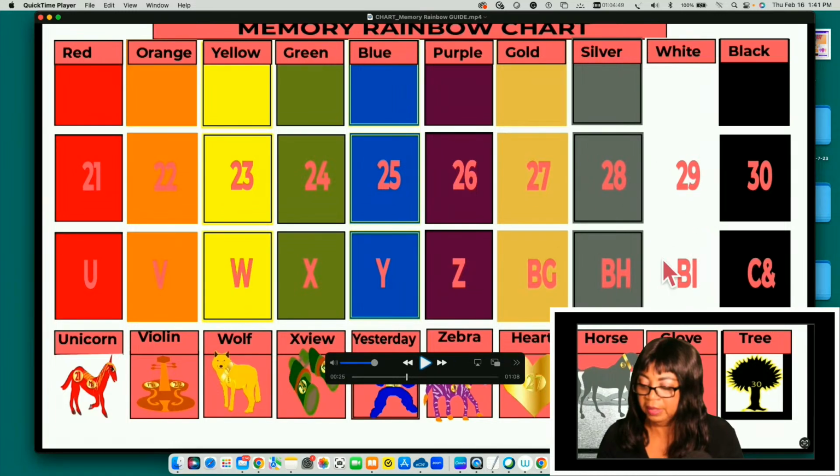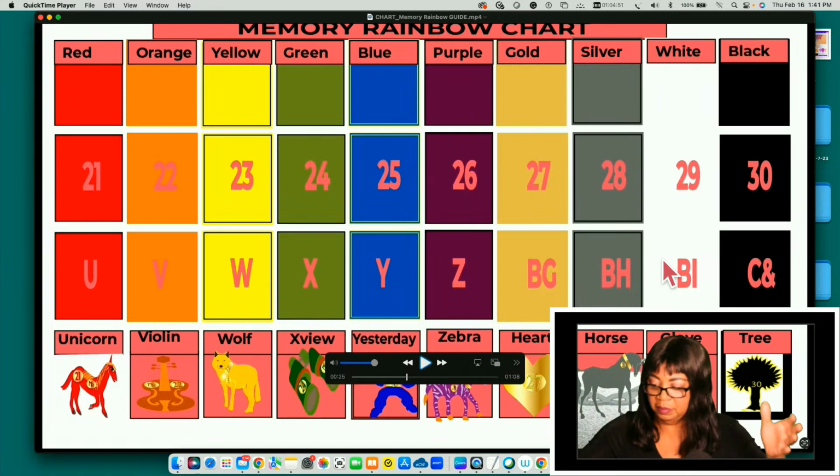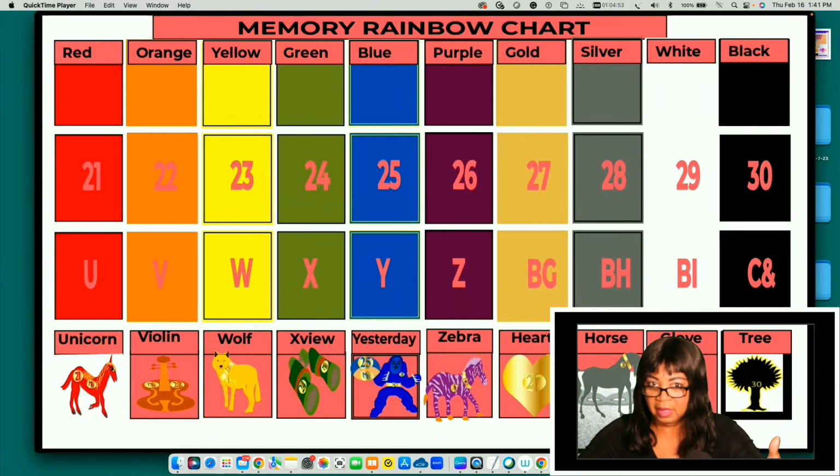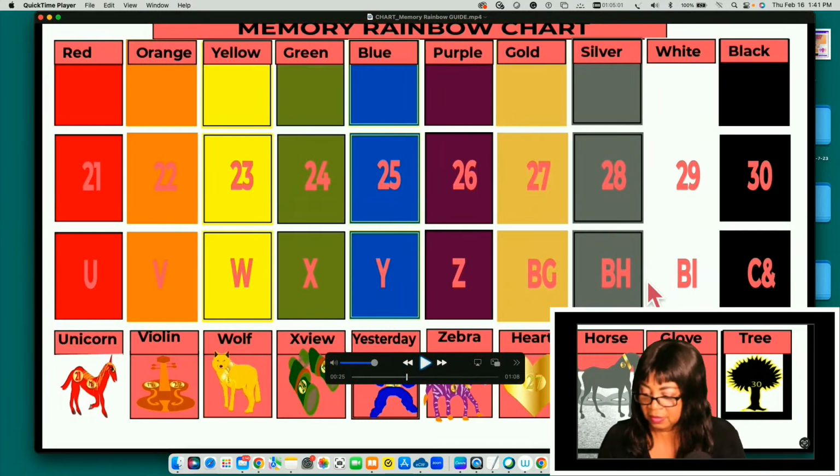So that kind of expands out and completes this set of 29 letters of our alphabet. It makes it so much easier to do the system. And here you have 27, the golden heart, which is like Cupid.